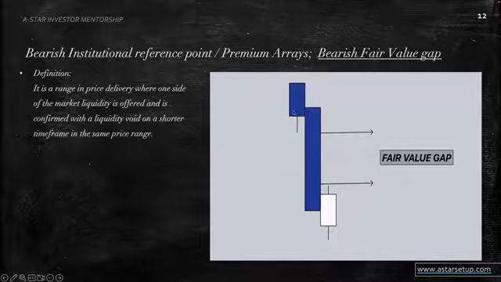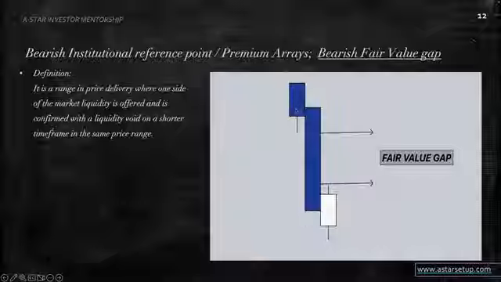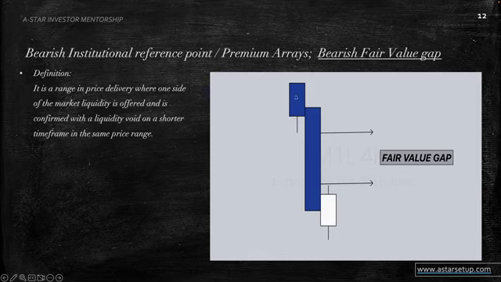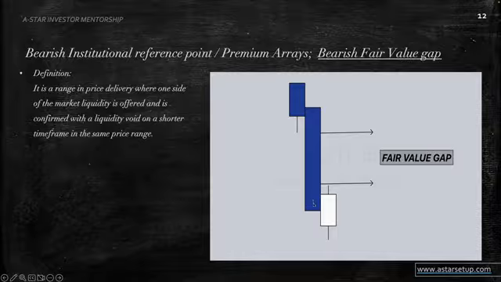Let's pay attention to this diagram. Look at the first down close candle, this blue candle that opens here. Look at the size of the body, and then look at the size of the next candle's body. Now pay attention to the white up close candle, the last candle, and look at the size of its body.